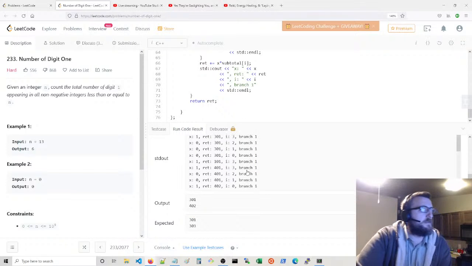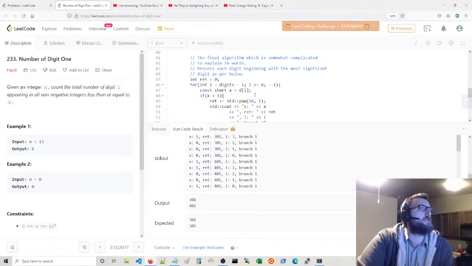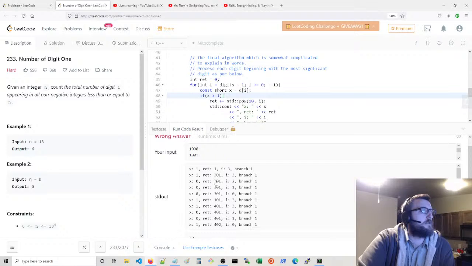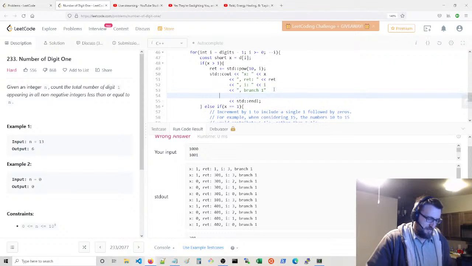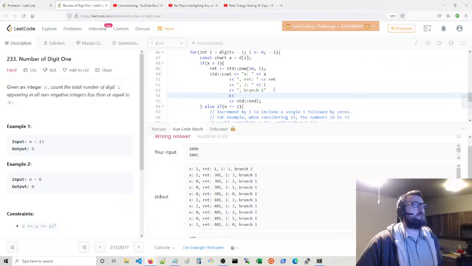So we reach branch 1 in every step, which is not correct. Oh. What? 3, 2, 1, 0. What? Excuse me. Can we not compare x to a short, to a 1? What is that? What is going on?